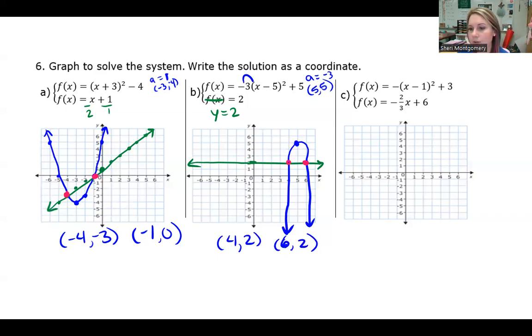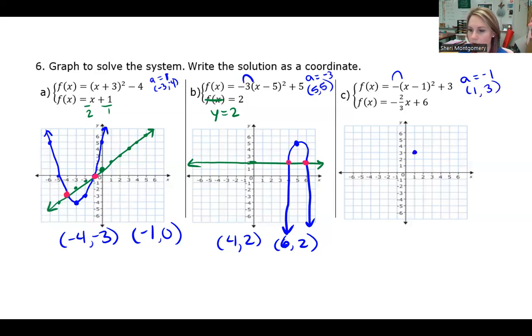Ooh, this is another negative graph. What is A for this one? -1. So we're going to do those same movements, 1 and 4 and 9. It's just facing down. What's my vertex? 1, 3. So I'm going to go plot that over 1 and then up 3.